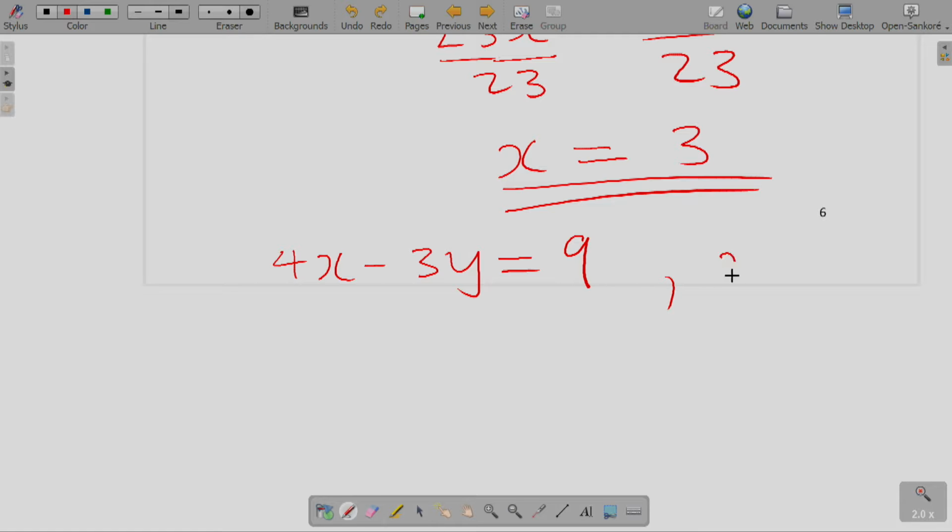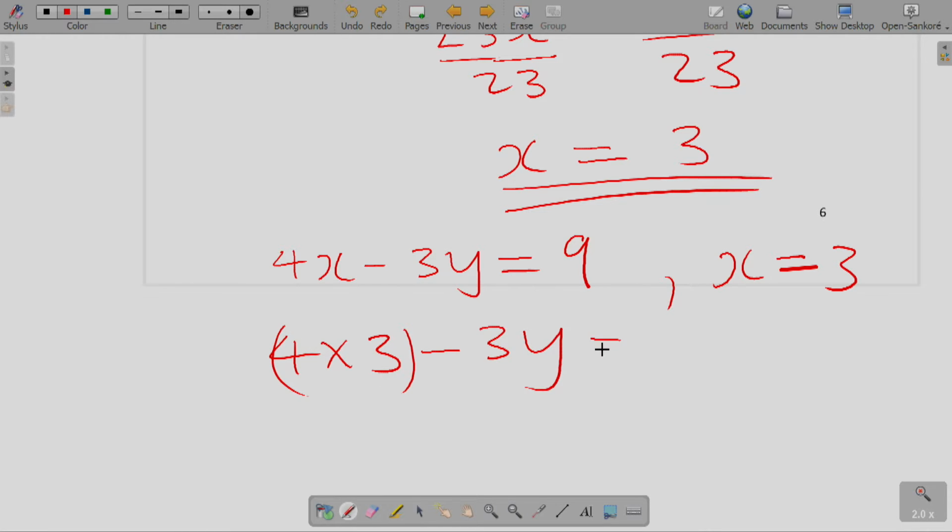And we have already got x equal to 3. After substituting x equal to 3, we'll have 4 times 3, because x equal to 3, minus 3y equal to 9. So 4 times 3 is 12, minus 3y equal to 9.